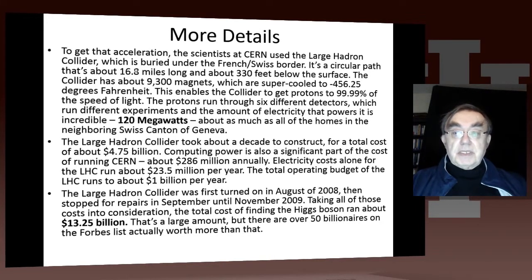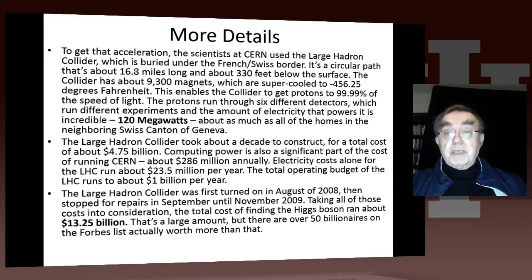So here is some of this detail, which I've already given some of: 17 miles long, 330 feet below the surface. That's around 100 meters. There are 9,300 magnets, and those are super cooled, very near absolute zero. That's so that they keep their superconductivity. And because of that, the actual electricity cost to run this accelerator is acceptable.